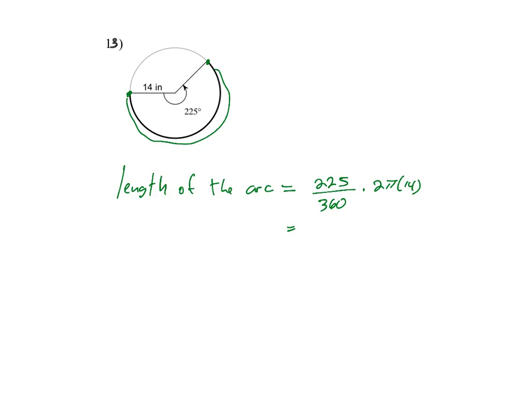So this is the same as 5 over 8, if we simplify by 45, times 28 pi. So now we can simplify. I have 4 and 14. Let's do it by 4, right? So I have 7 and 2. So I have 35 over 2 pi inches. Or inches, sorry, just inches.